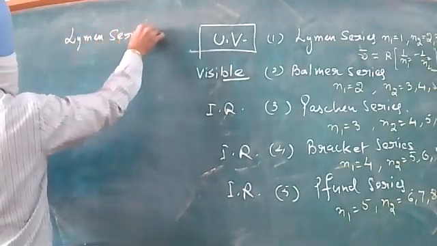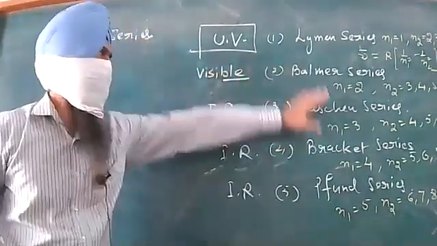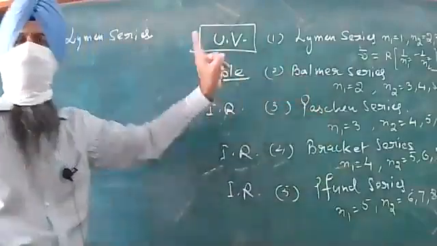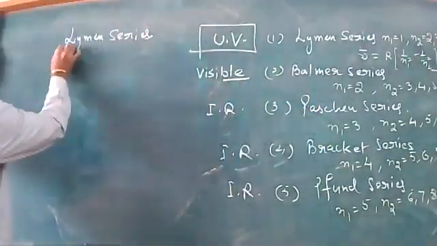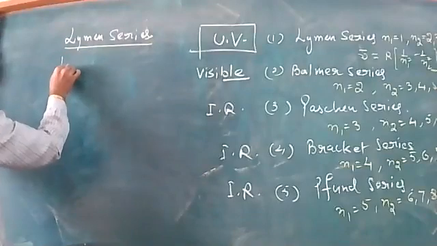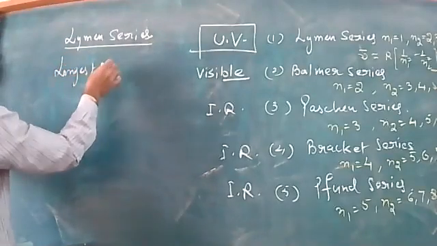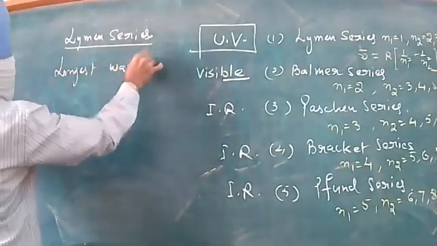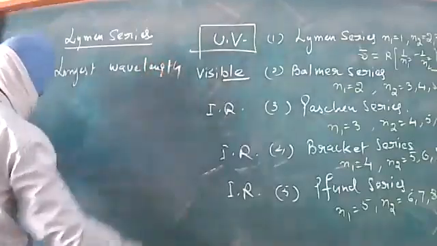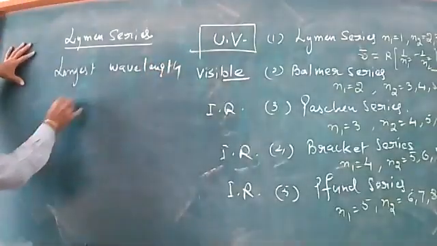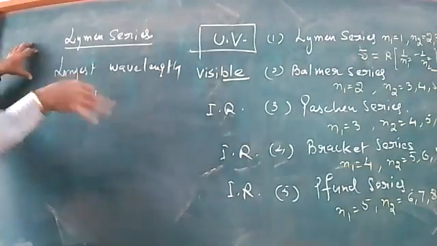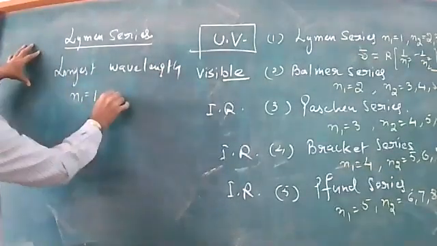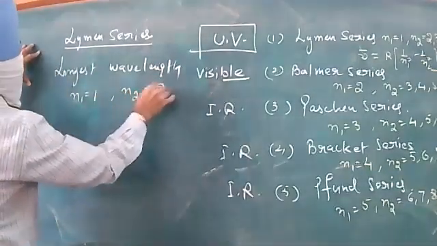Lyman series. I am not talking about any of the others. In the Lyman series, when we want to calculate the longest wavelength, very carefully, n1 will remain as 1. Dear all, n2 will be equal to 2.